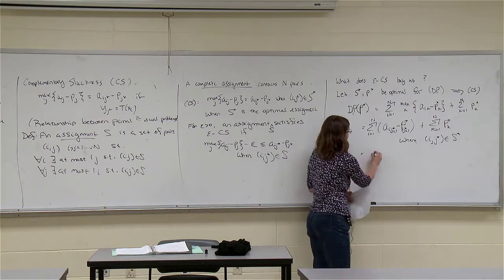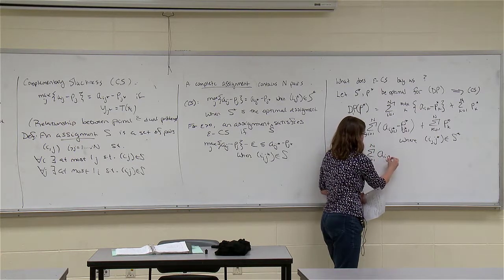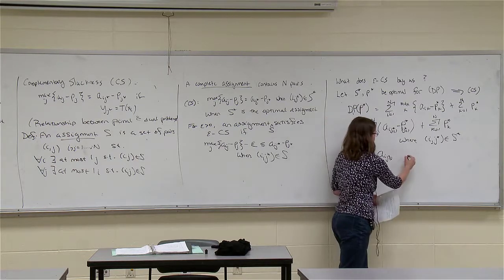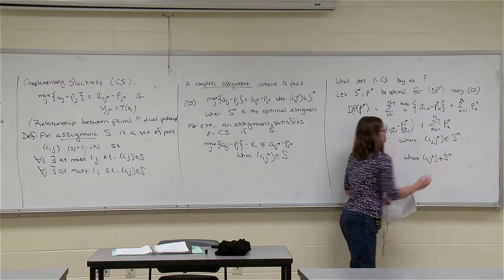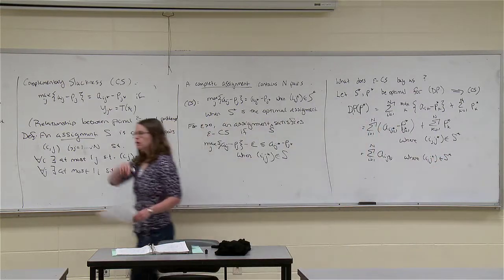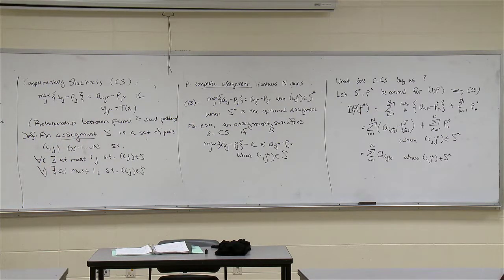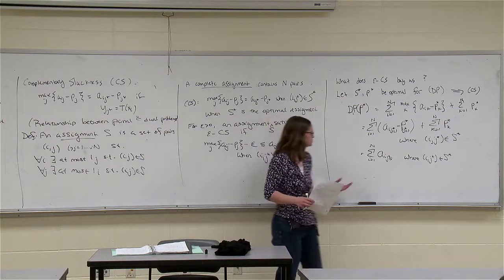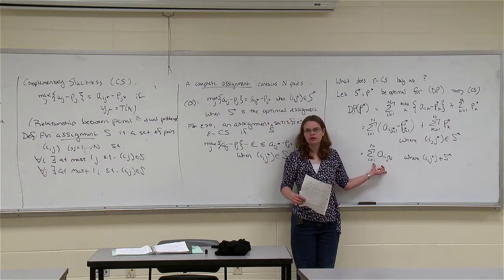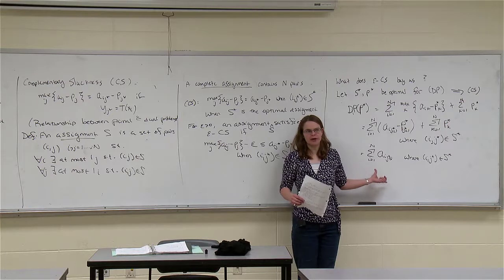So this is, in fact, nothing but adding up my a's. Again, ij star belongs to this optimal assignment. This sum, we've seen this sum before. This was basically exactly the objective function for our original primal problem, right?